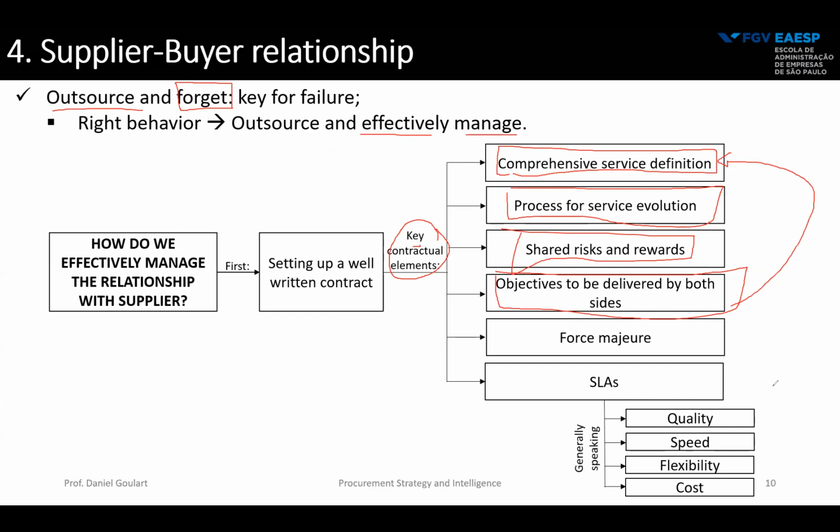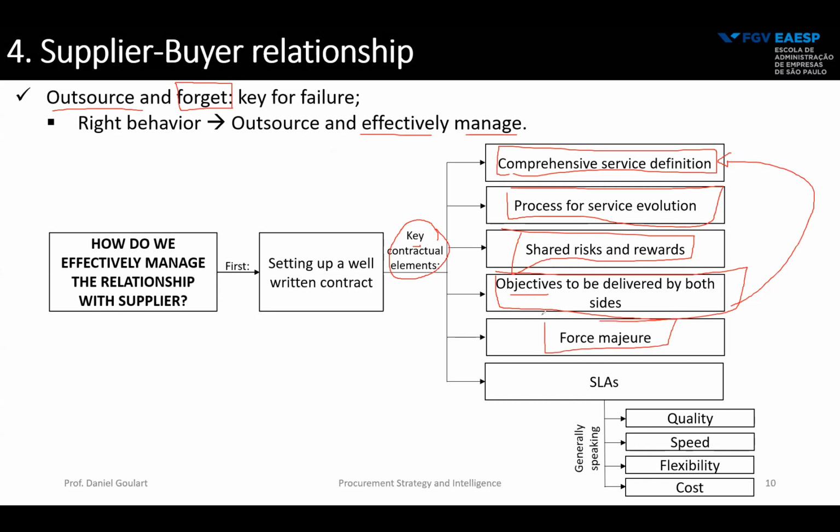I need to have the process of supplying delivered at a standard pace, a number of trucks per day, a number of vessels per month, a number of containers per week. So I have to have this standardization in terms of programming. This is one example of objectives to be delivered by both sides. Okay, you have several others.